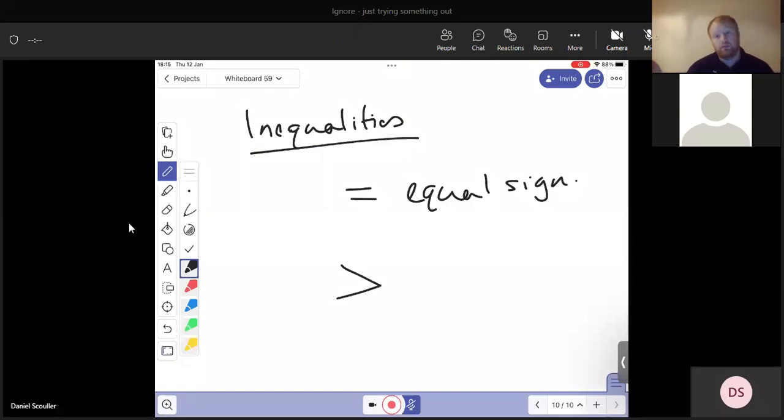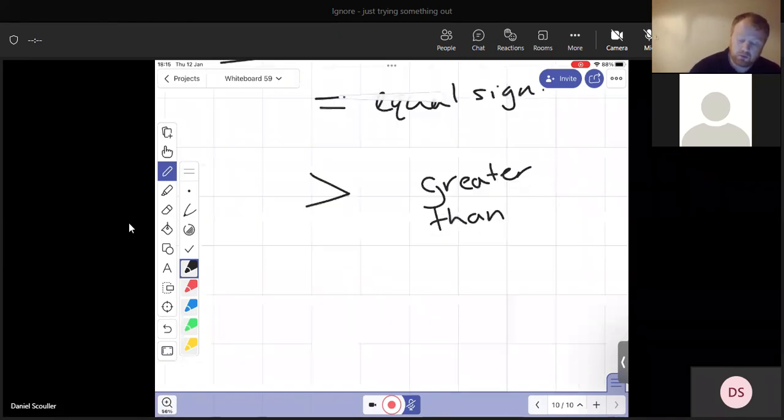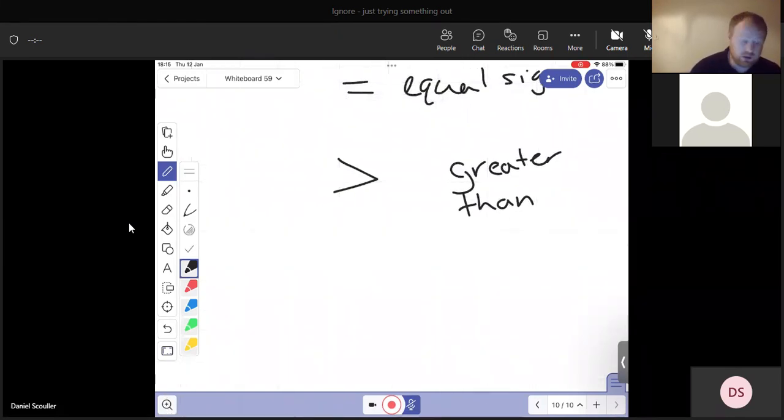That wee triangle pointing to the right means greater than. We'll look at how we use these in equations as well. There's also a symbol like that, so instead of the equal sign, we'll use that symbol there.